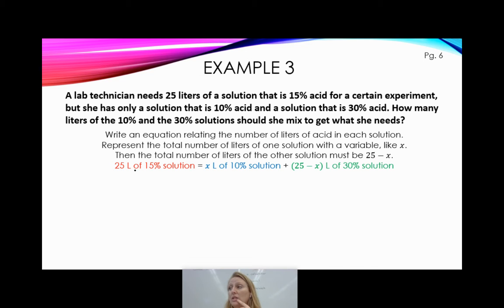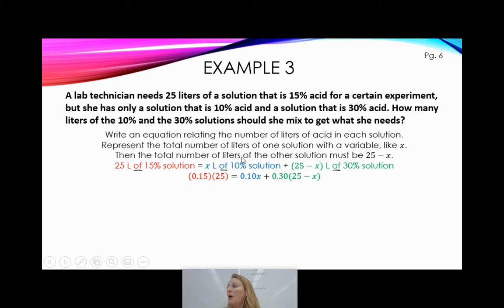I'm also noticing the word of keeps popping up. Not always, but oftentimes in math, when we use the word of, that means we're multiplying. So my 15% is actually 0.15, and I'm multiplying that with my 25 liters.